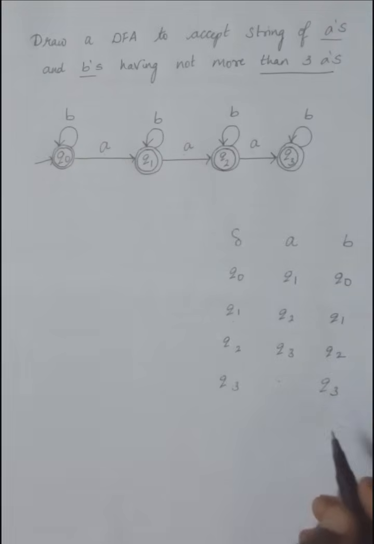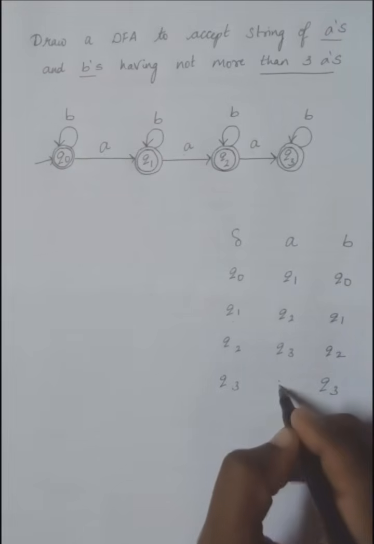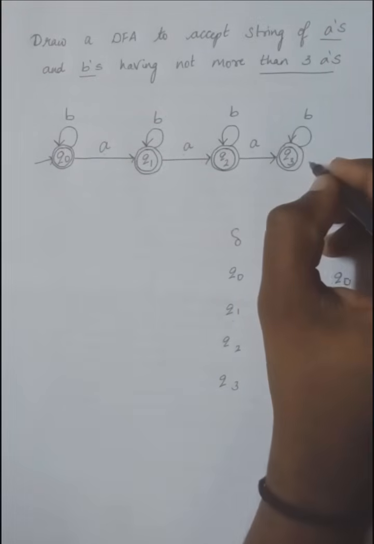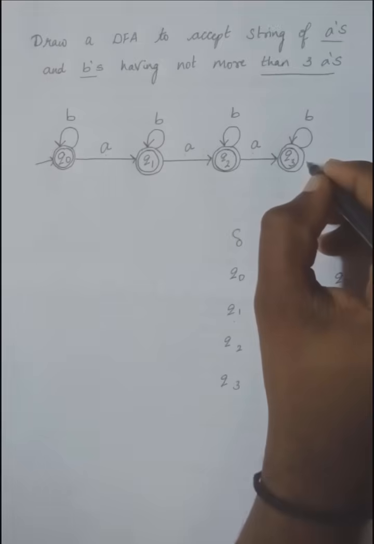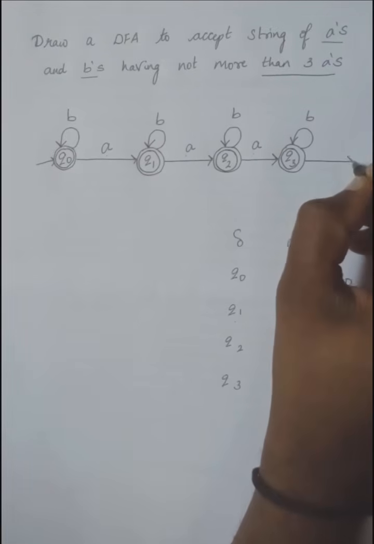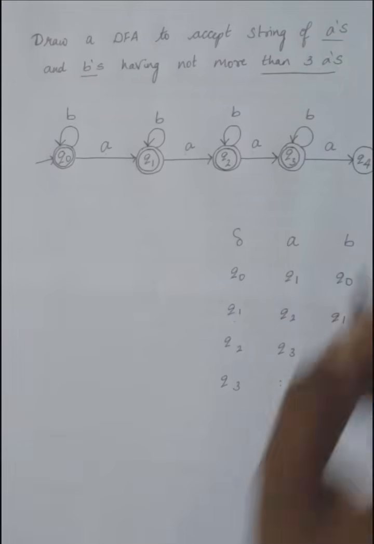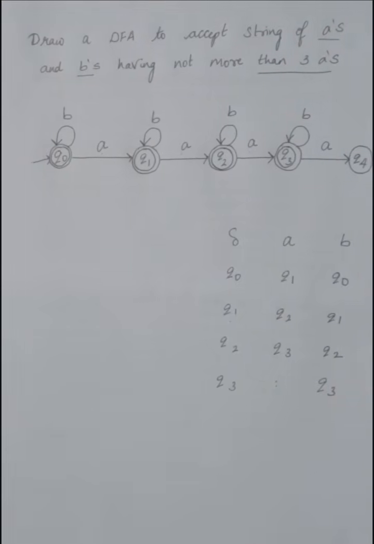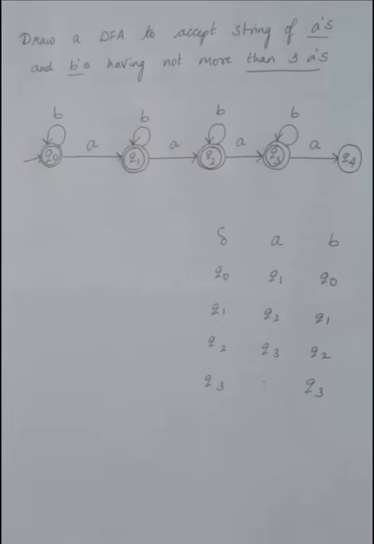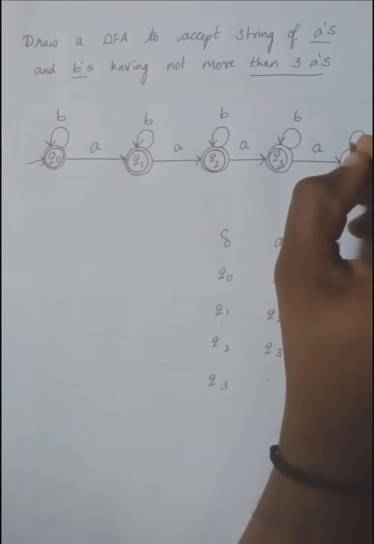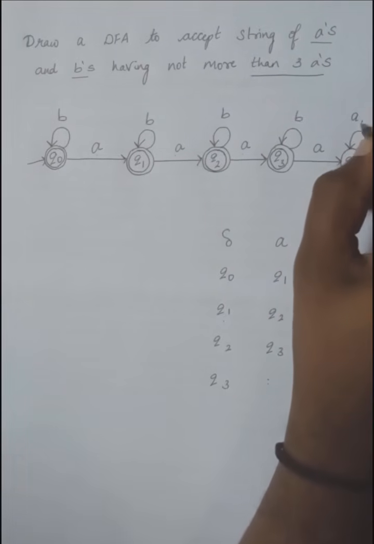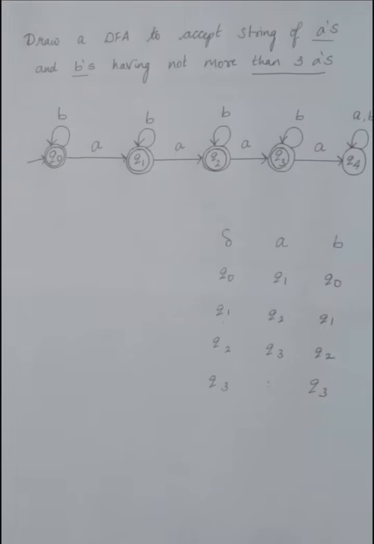Now what is left out is the condition for Q3 on A. So we create one more state: from Q3, on A, we go to a new state, Q4. That will act as a dead state, and it can have any number of A and B self loops. We can also call it a trap state.